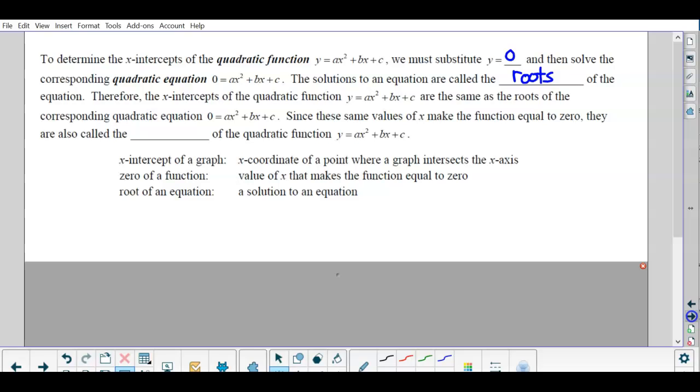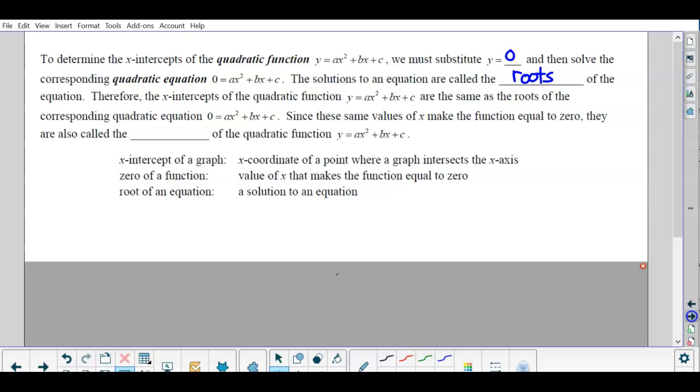Kind of think about a tree. A tree starts, its base is its roots, right? Put a seed in, or if you're starting right from the beginning, and it grows from there. So the roots is the beginning part. Okay, that's how the equation is built from certain x values.